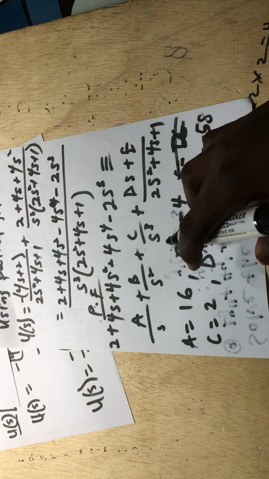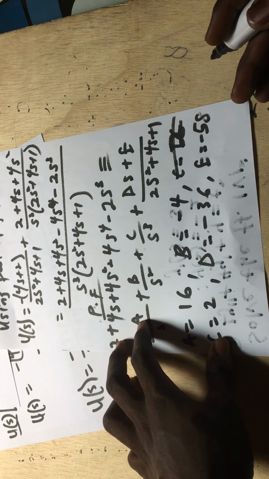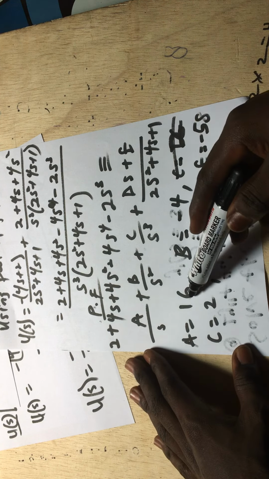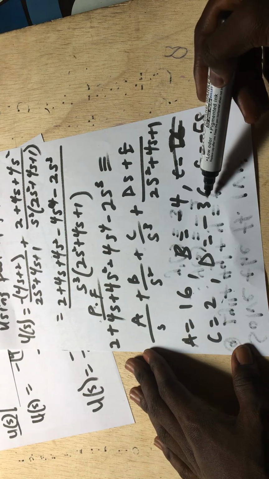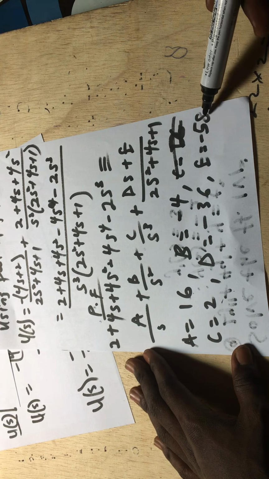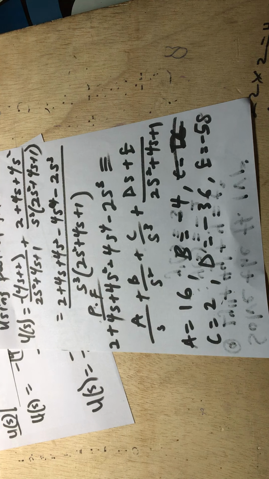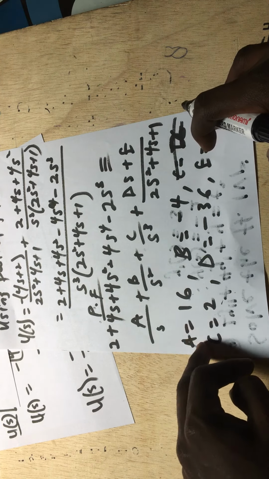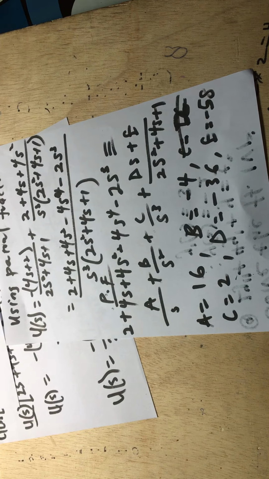So these are the values of the variables that you get, the A, B, C, D, and E. You are just going to substitute the values of A, B, and C into this. Are you getting it? So let's continue.